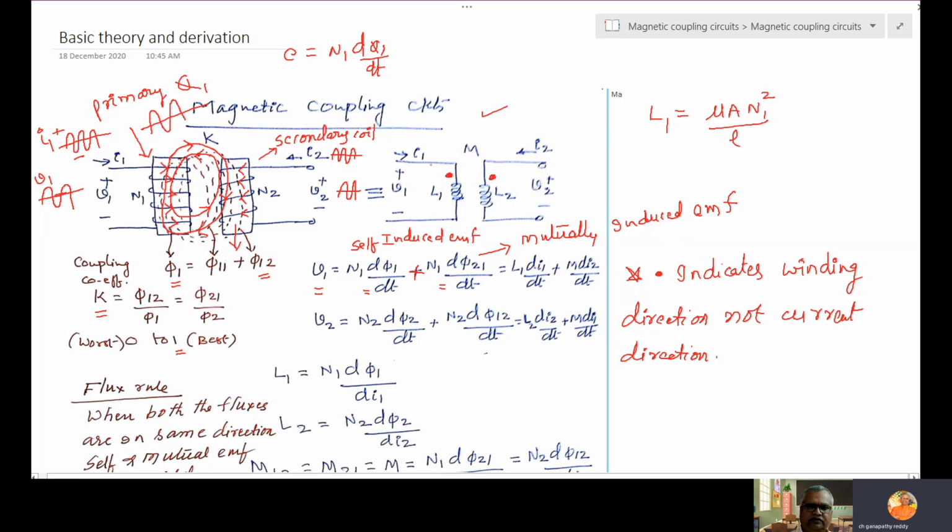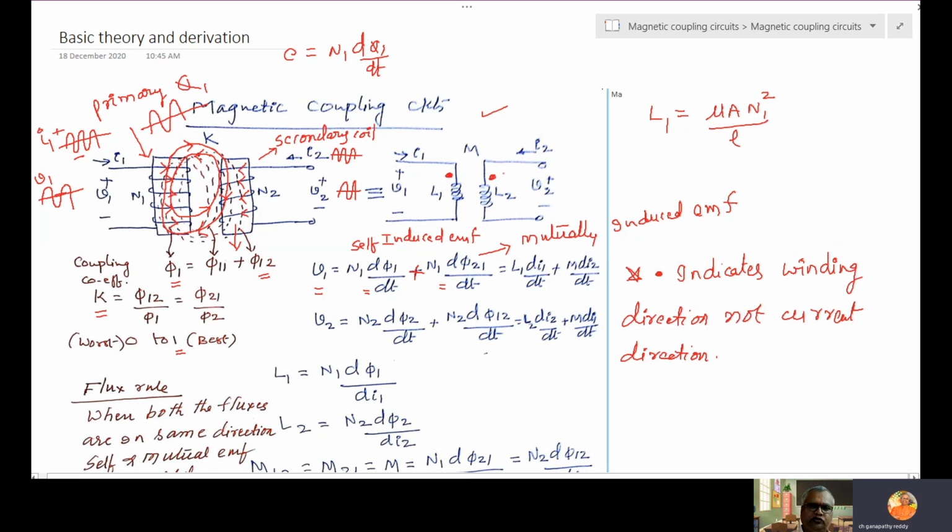Alternatively, the current I1 entering at the dot, sensing at the dot is positive. Sensing at the dot means measuring at the dot. Measuring at the dot means the way you are connecting the voltmeter. Any voltmeter will have a red button and a black button.